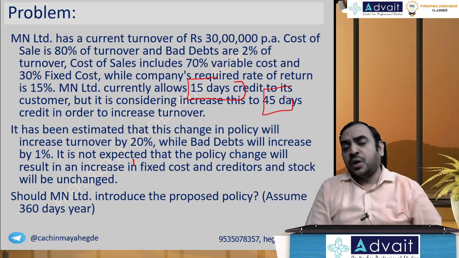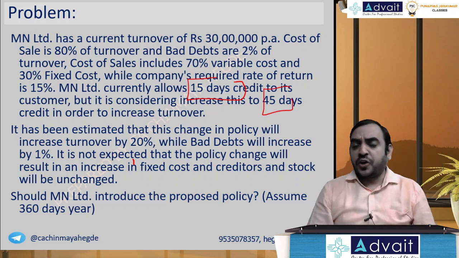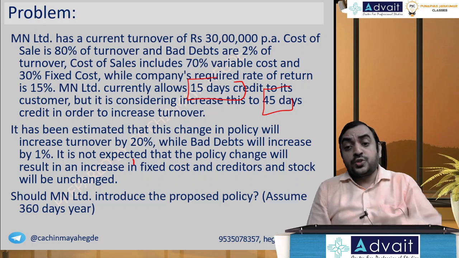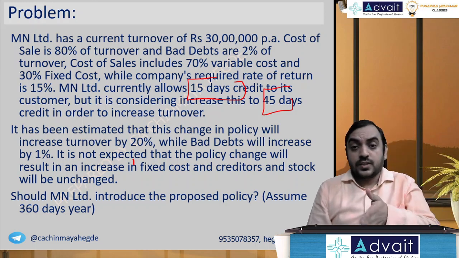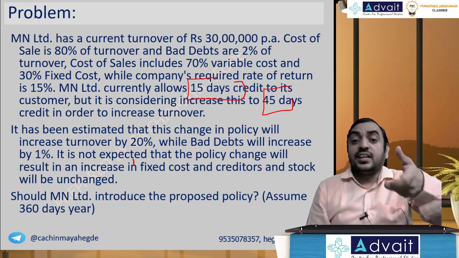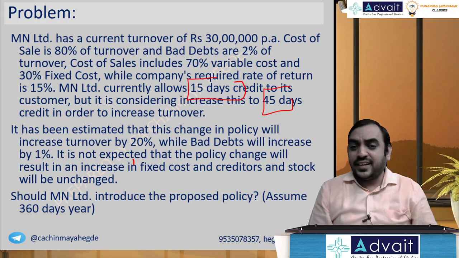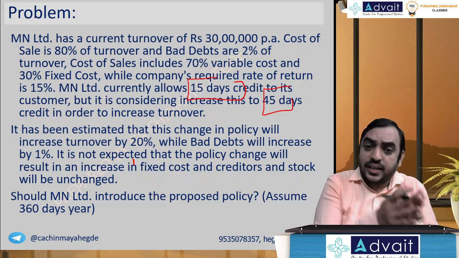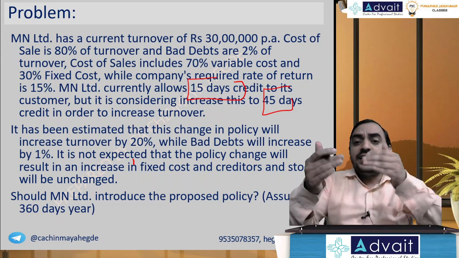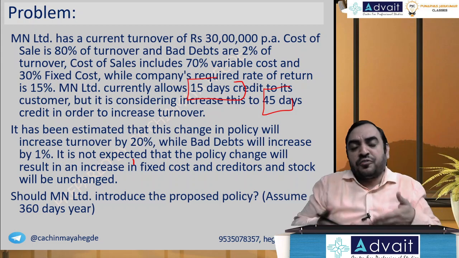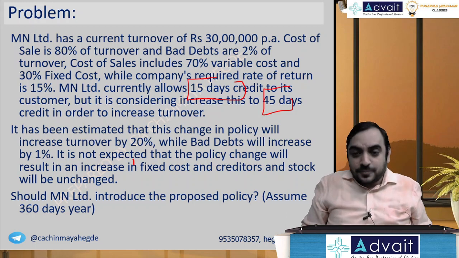I will have one column for 15 days, one column for 45 days. Sometimes the Institute solves by only one column. They say incremental sales, incremental cost, incremental bad debts, but I don't recommend that method. You do 15 days separately, 45 days separately, then let's see whichever is highest profit, that is our incremental benefit.